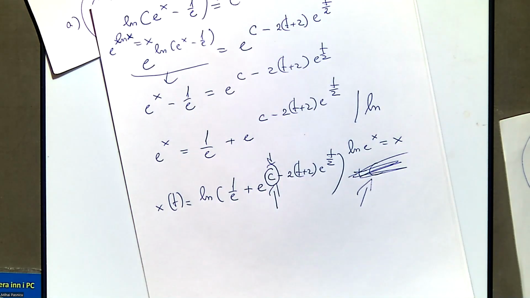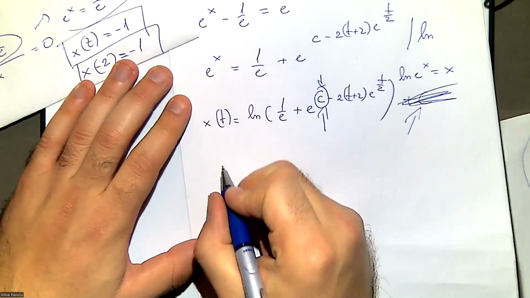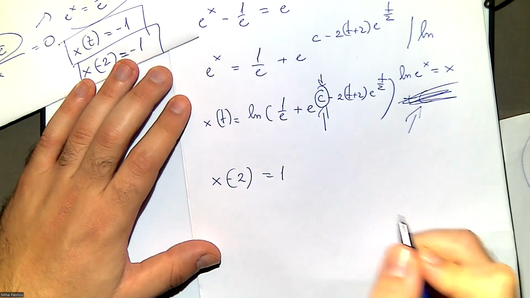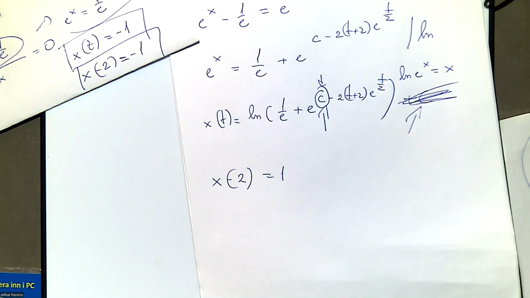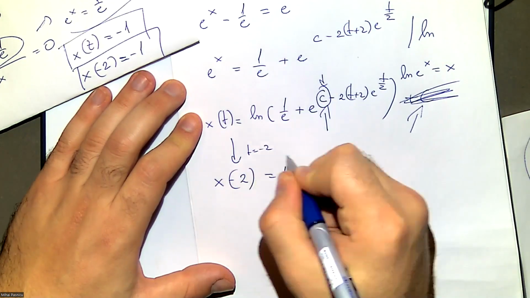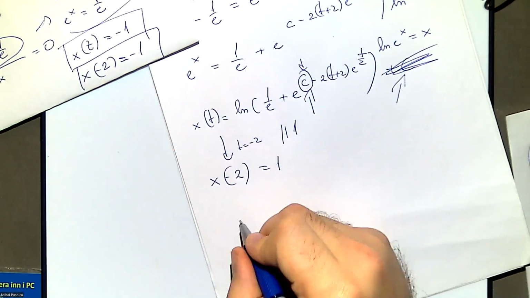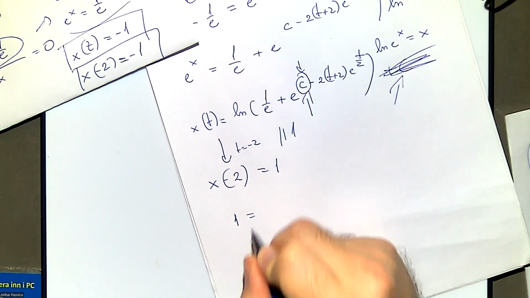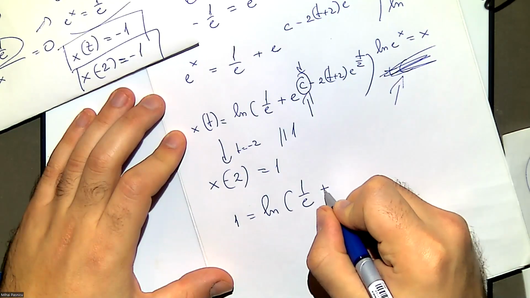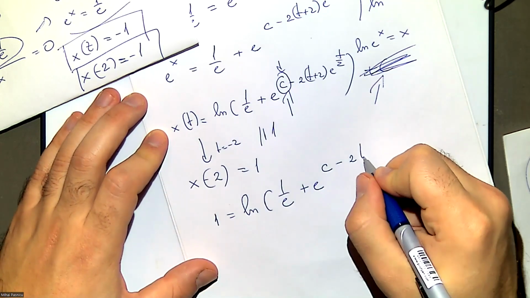Now, just to finish our problem, they were asking us x of minus 2 has to be equal to 1. Plug in t equals minus 2, x equals 1. So this is the moment where you just whip out your calculators, but I think I can do it by hand.